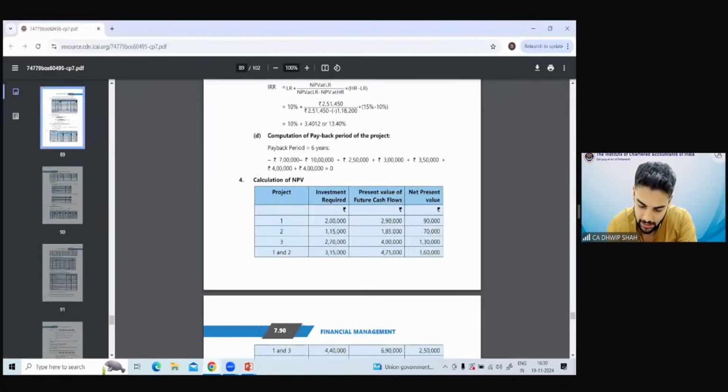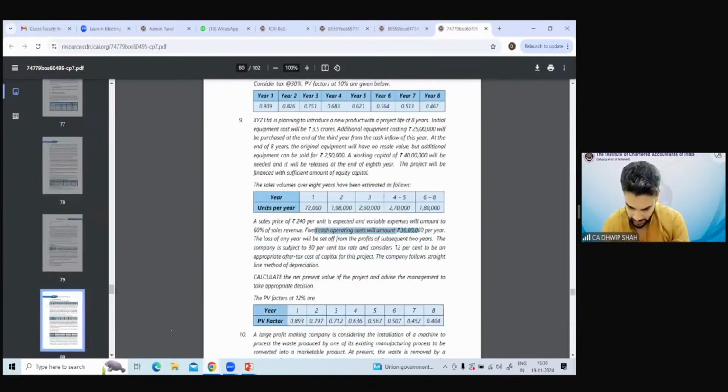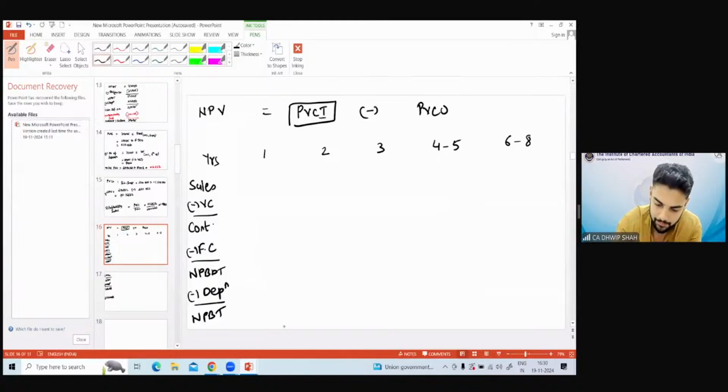So sales amount would be, can we save some time and start from contribution per unit? Yes or no? Sales is 240, variable cost is 60%. So my contribution would be 40% of 240, which comes to 96 per unit. So let's start directly from contribution. 96 per unit.